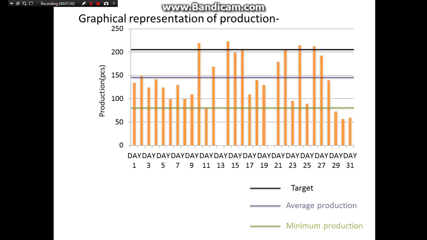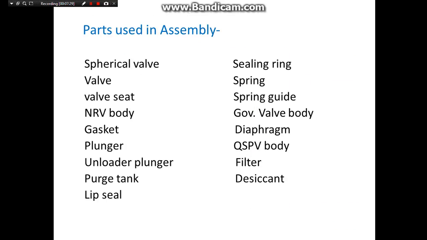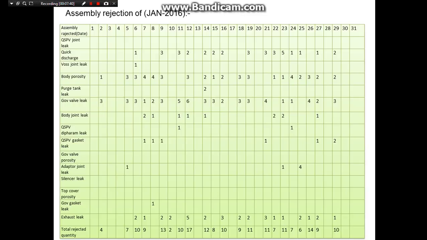This is the graphical representation of production. Parts used in assembly: spherical valve seat, NRV body, gasket, plunger, unloader plunger.